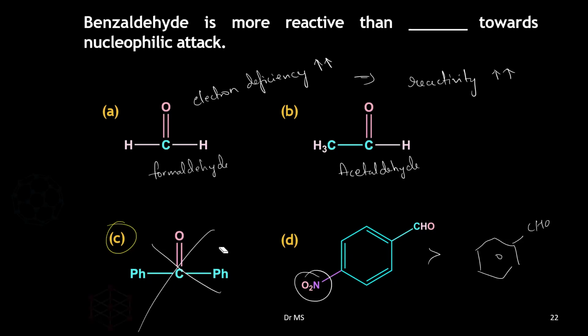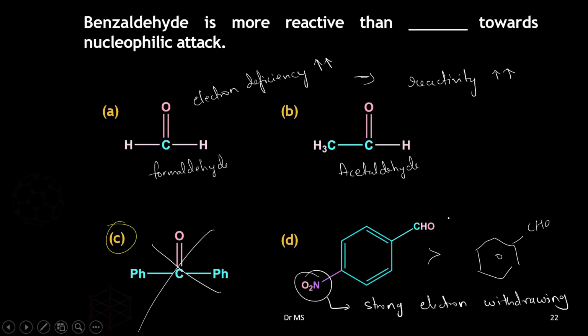But if I don't give option C, what would be the answer out of A, B, and D? See here, the NO2 group is present, and NO2 is a very strong electron withdrawing group. Because of this, it will create a negative M effect, negative mesomeric effect, which creates more electron deficiency on our carbon.